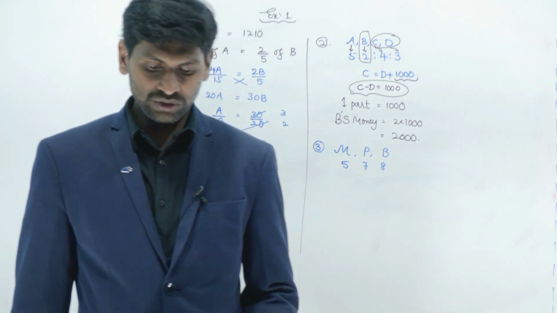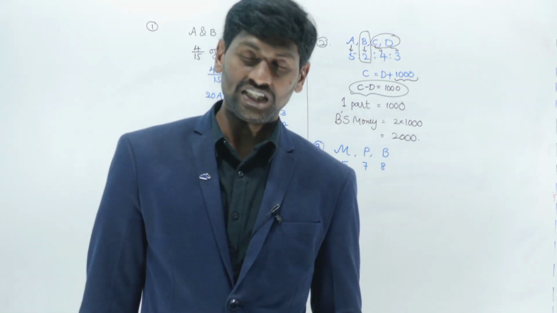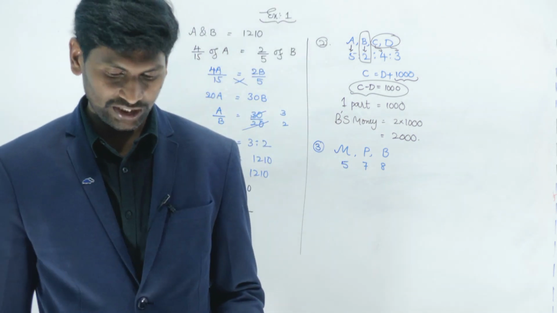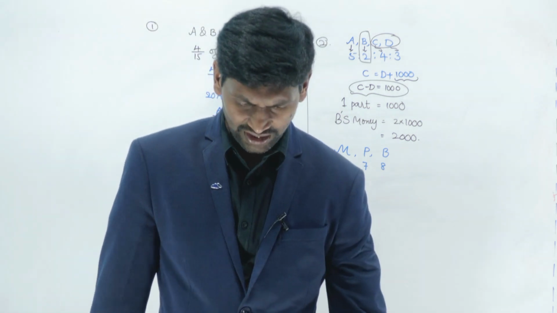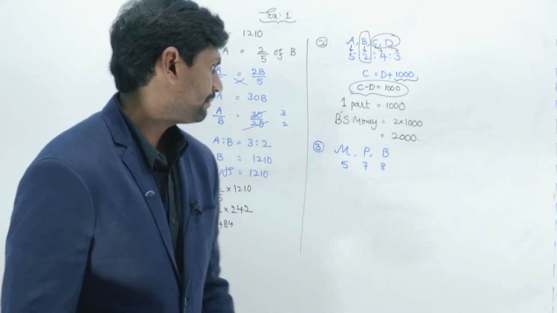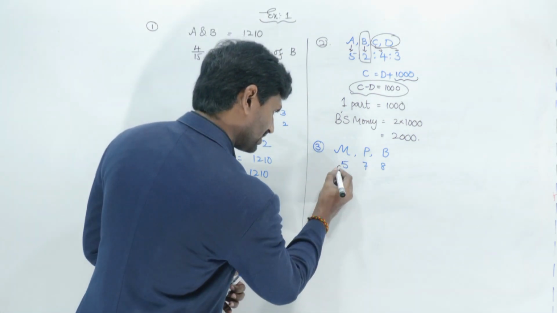There is a proposal to increase the seats by 40%, 50%, 75% respectively. Then what will be the ratio of increased seats? In mathematics, we should increase 40%.